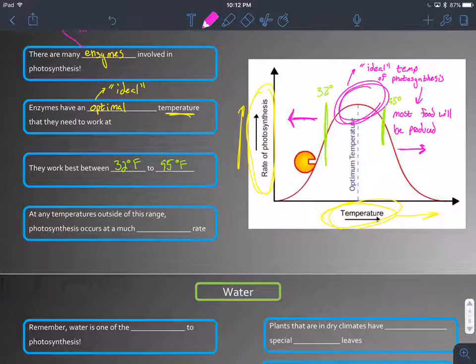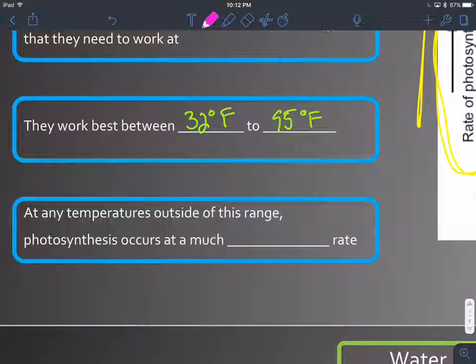Okay, and what happens when photosynthesis occurs at a much slower rate is that less food is produced and less growing occurs.